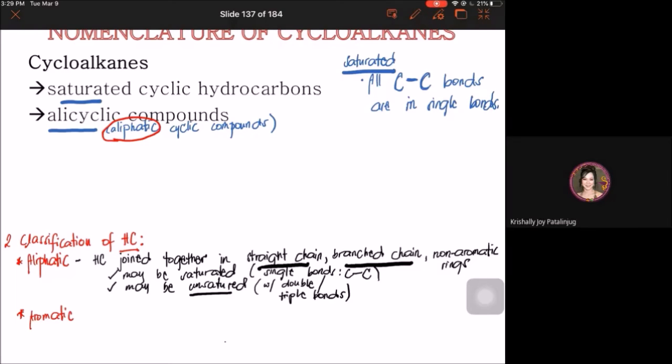So again ha, aliphatic, series of hydrocarbons are being joined together in either straight chain, pwede may sanga, branch chain, or in a non-aromatic ring. Okay, we will learn more what does aromatic means, and what is a non-aromatic ring.